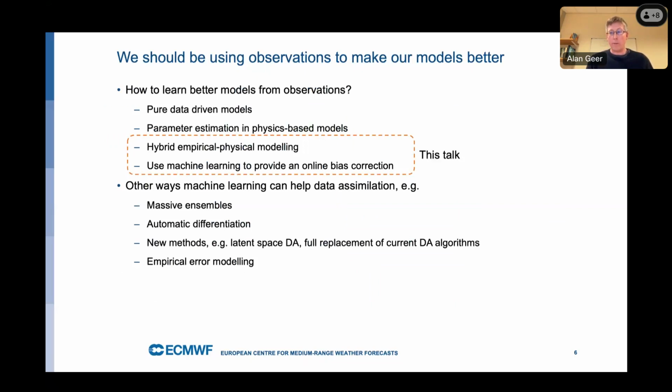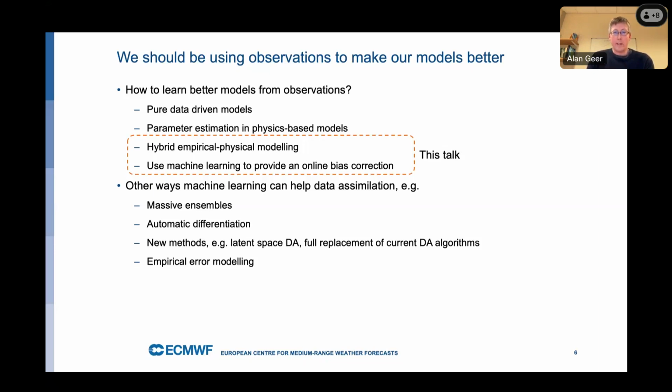But I think they're pretty much the main ways that we will continue to be able to use a combination of physics-based techniques and empirical techniques, as in machine learning. And this talk, although it would be great to go into other important ways we can use machine learning in data assimilation, such as generating massive ensembles, automatic differentiation, or fully replacing current data assimilation algorithms, data assimilation in the latent space of the machine learning models, and so on.